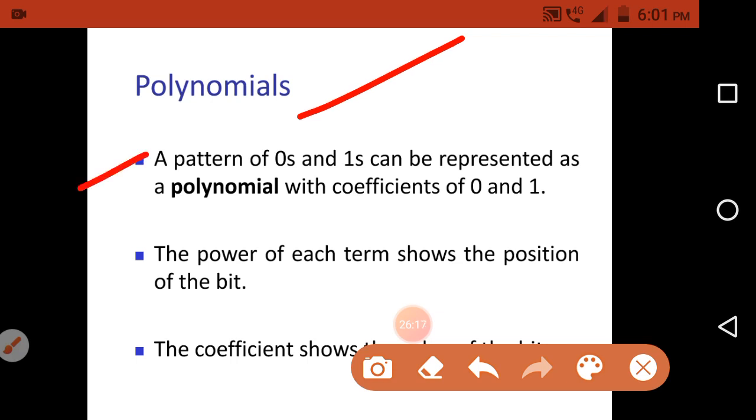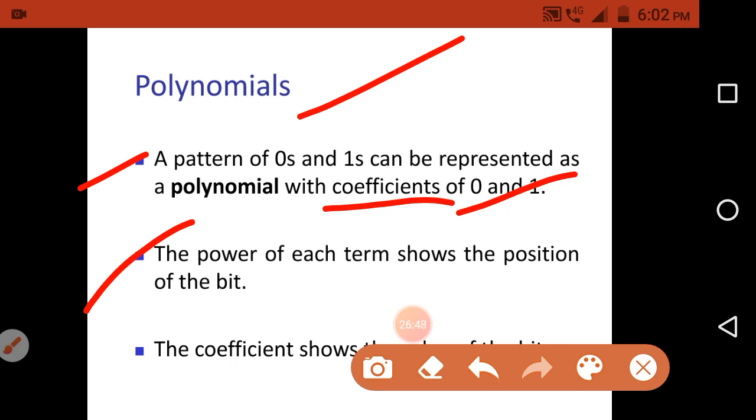It is a pattern of 0s and 1s that can be represented as a polynomial with coefficients 0 and 1. Whatever binary values are there, 0, 1, 1, we consider as coefficients in the polynomial.